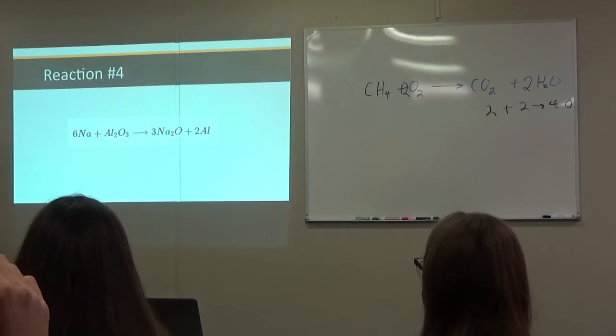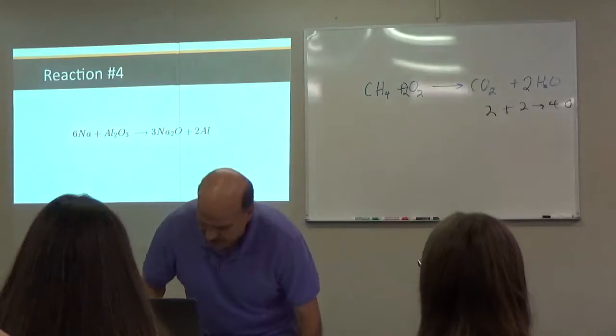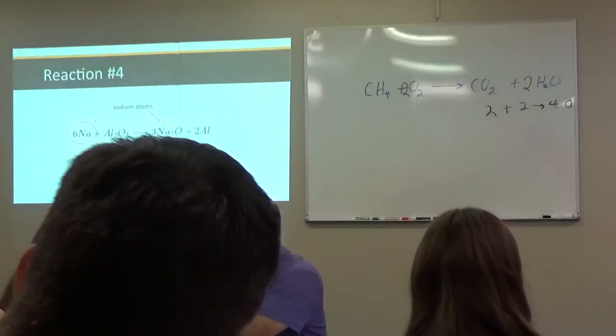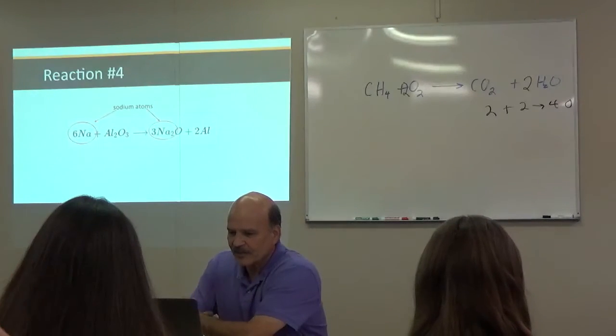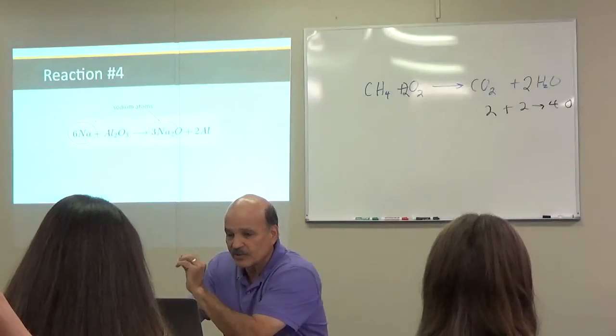And so, when you do that, again, you usually want to leave oxygen to last, but we'll talk about balancing later. But again, recognize what you see here. You see the number 6 sodium atoms on the left, and how many are on the right? Well, 3 times 2 is 6, since each one of the sodium oxide molecules has 2 sodium atoms.